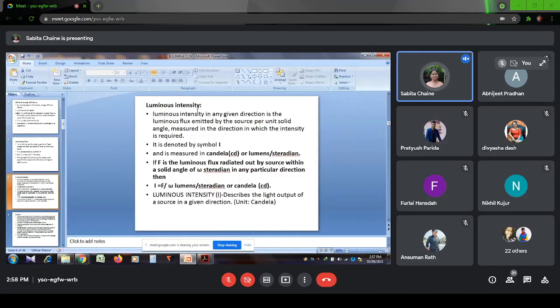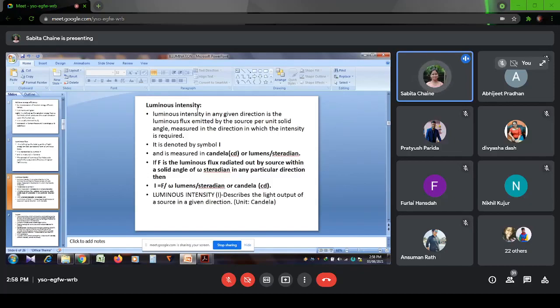So the unit is lumen per steradian, or candela, CD. The unit of luminous intensity is candela. All of you write that.